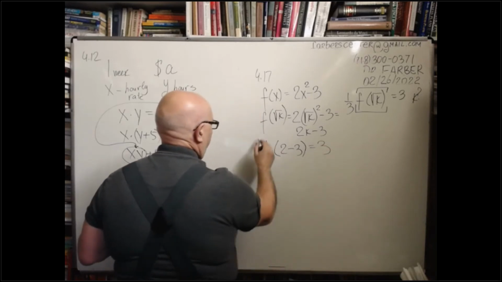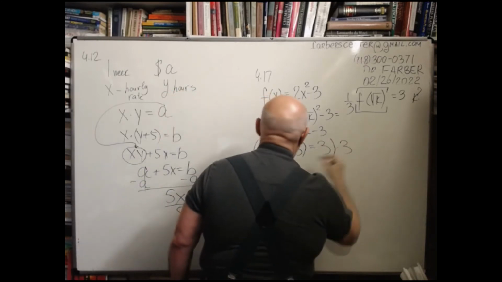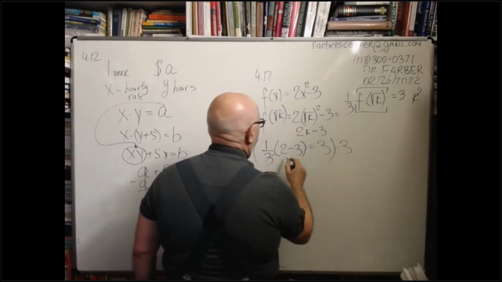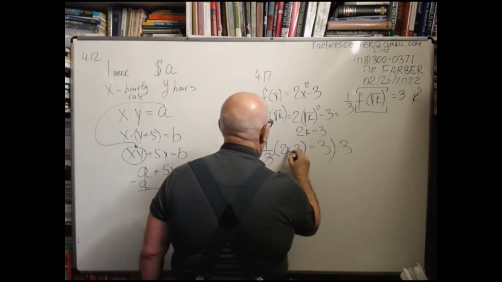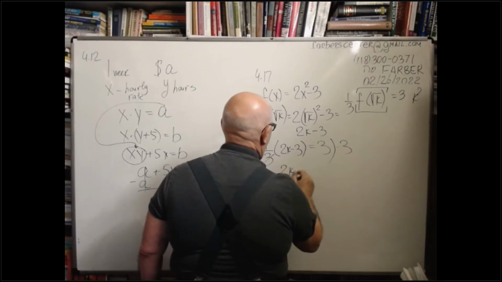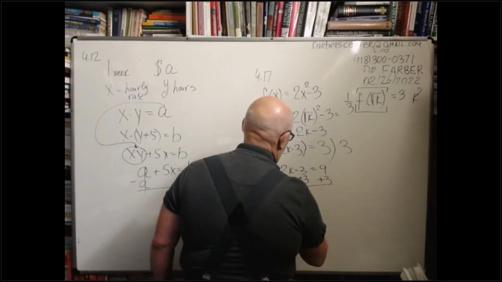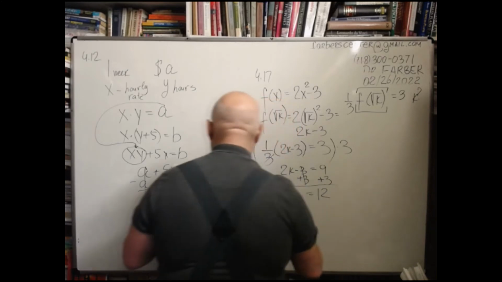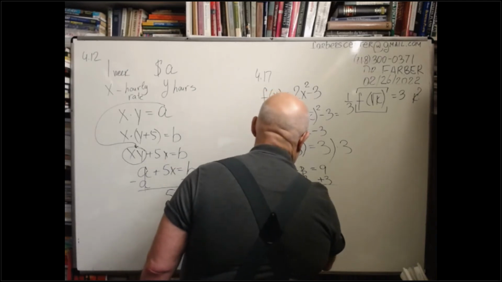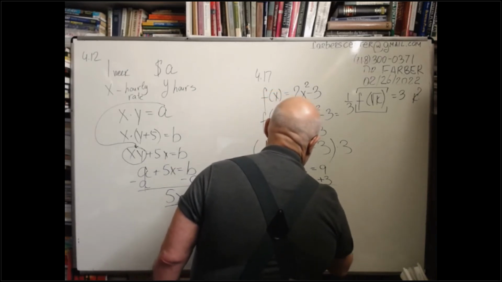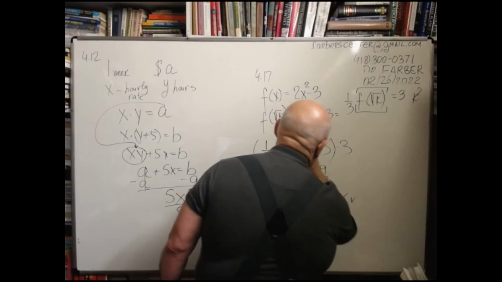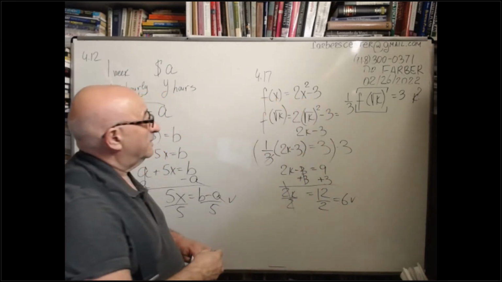Well, I multiply both parts by 3, cancel out the 3, and I get 2k minus 3 equals 9. Plus 3, plus 3. 2k equals 12. They ask you to find k. Divide by 2. K equals 6. So far, so good.